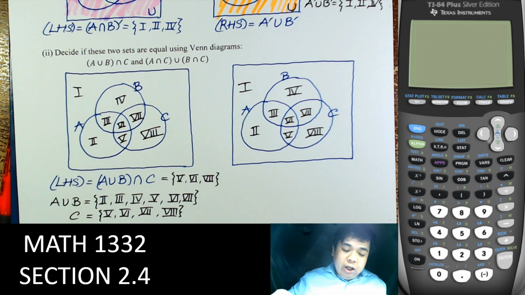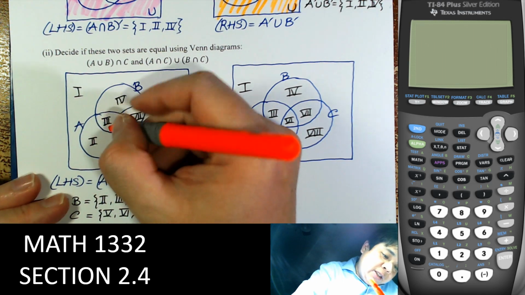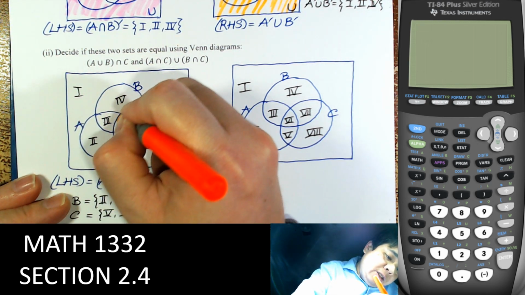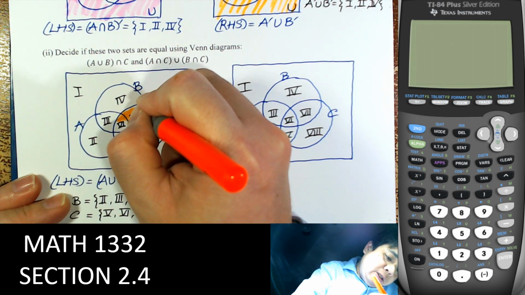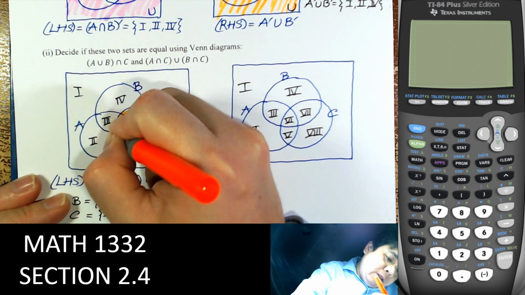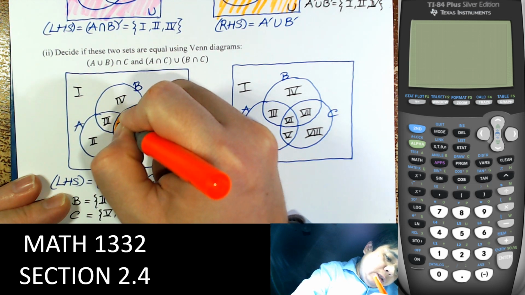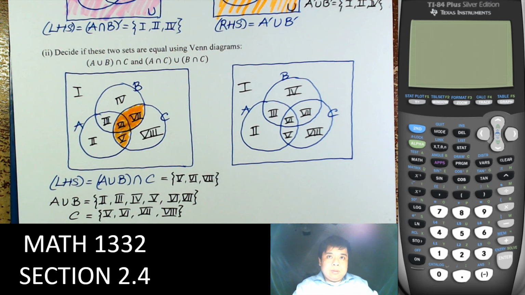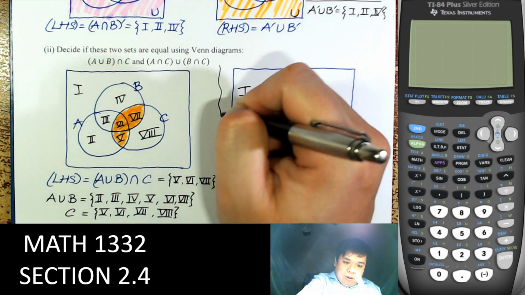So we're going to mark the 5, 6, and 7. Right, so that is one side.